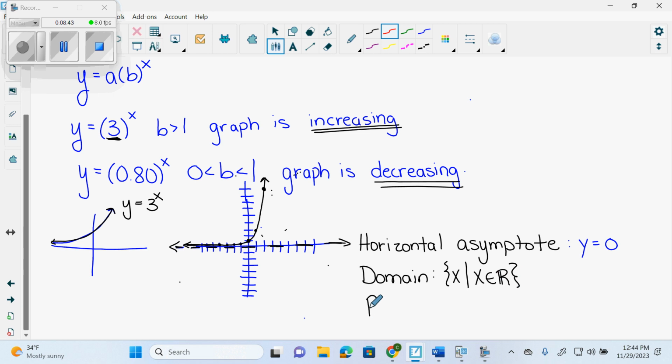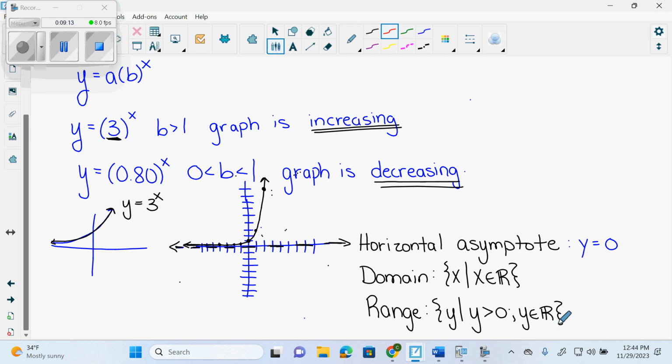And then the range. Y such that y is what? Greater than what? 0. Is it equal to 0? No, the graph gets really, really close to 0, but it's not equal to 0. That's where the actual asymptote is. So it's going to be greater than 0. Y is an element of the reals.